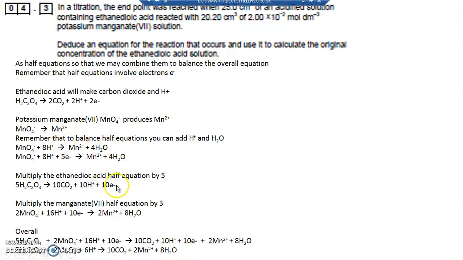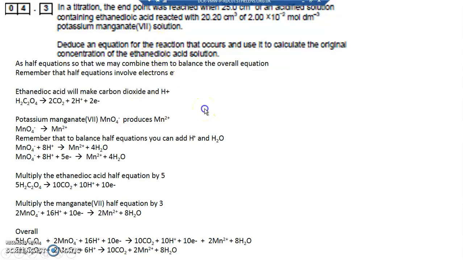That was the point of multiplying by some numbers, to get the same number of electrons on each side. They need to cancel. And I've got 16 H plus here and 10 H plus here, so I can take 10 H pluses from each side and just leave 6 H plus. So now I've got 5 H2C2O4, 2 MnO4 minus, 6 H plus, 10 CO2, 2 Mn2 plus, and 8 H2O. Without half equations, I would never have arrived at that equation.